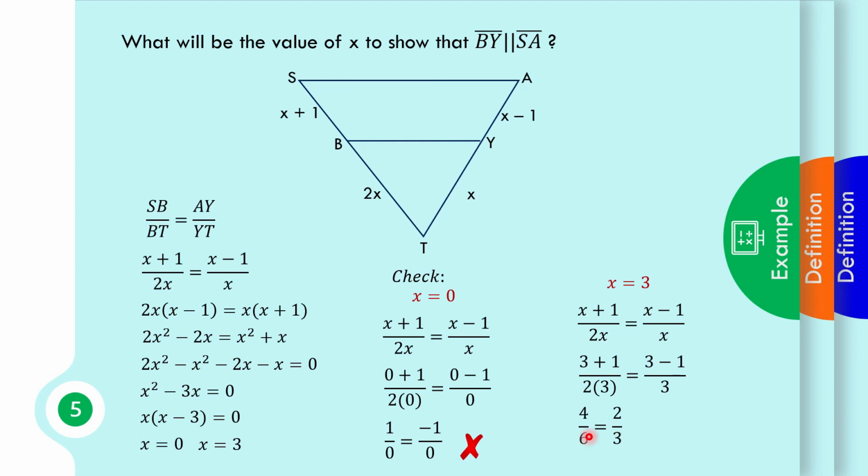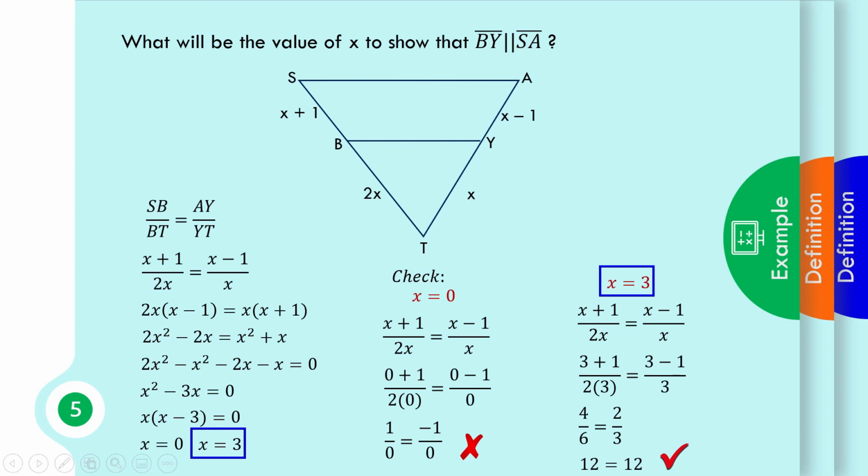Using a cross multiplication, let us multiply 6 times 2 and 3 times 4. Therefore, we will obtain 12 is equal to 12. So from here, we can say that the sides were divided proportionally. Therefore, we can now say that the value of x is equal to 3 to show that BY is parallel to SA.